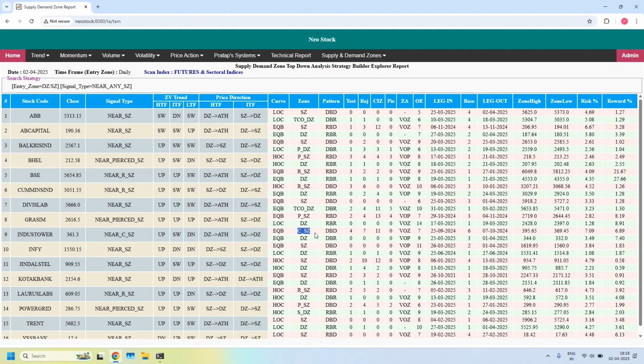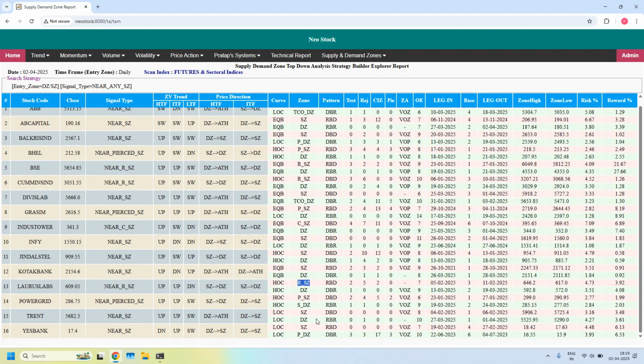Indus Tower is having a daily high liquidity supply zone. Laris Labs is having a daily high liquidity supply zone. That's it. We have identified 4 daily high liquidity supply zones from this list.